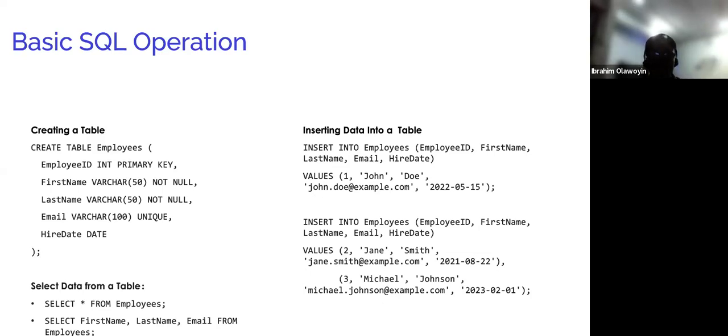But if we want to be specific on the return value, maybe we need only the first name, last name, and email, and we don't need dates. So we can just say select first name, last name, email from employees, and it returns the employees' records. So this is relative to read in our CRUD.